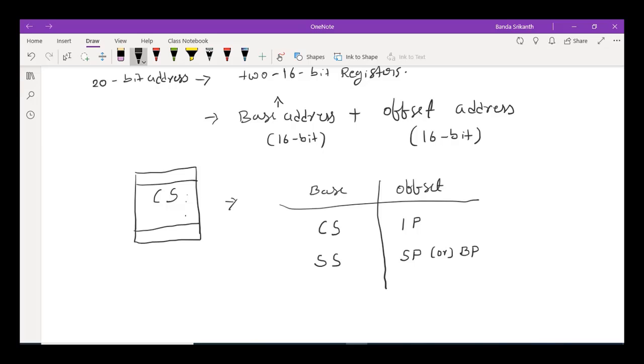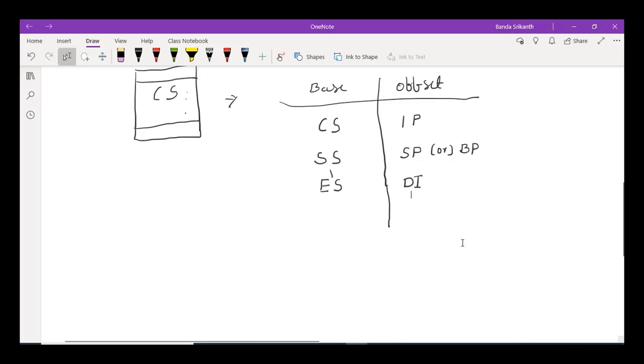Similarly, if the CPU is accessing the extra segment, the base address will be taken from the extra segment register and the offset address will be taken from the destination index. These are the default address generations by the CPU.